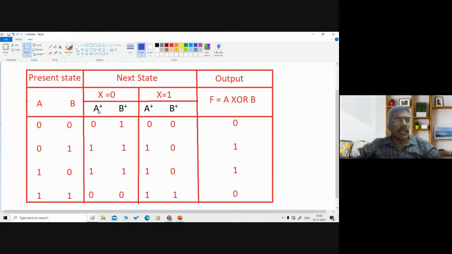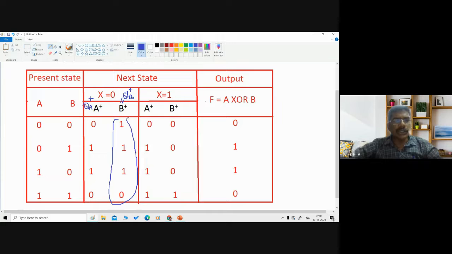Okay, I have calculated these values. This is the QB dash. This is QB plus. This A plus equal to QA plus. Okay. So simply I have taken A, this value is the B plus value.